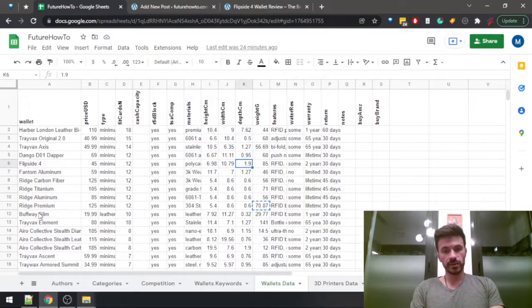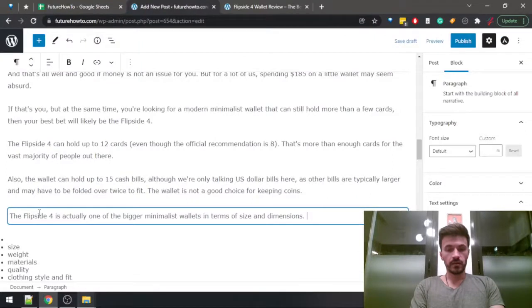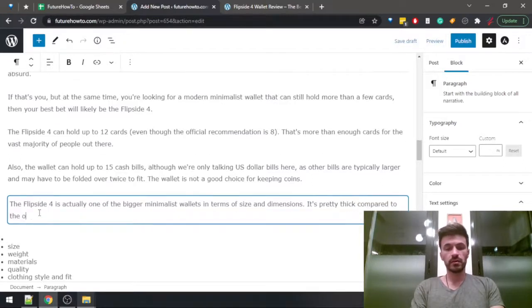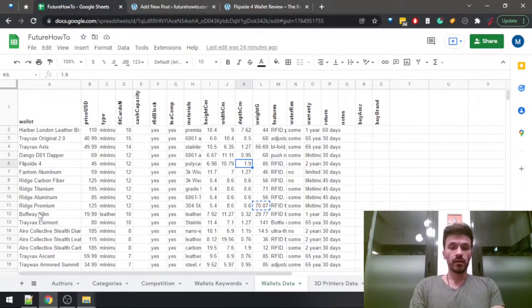So yeah, this is pretty thick. It's pretty thick compared to the other popular options. Oh, and it's the heaviest of them all, I guess.